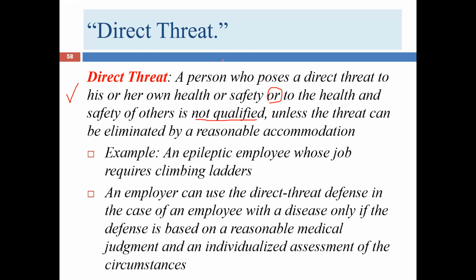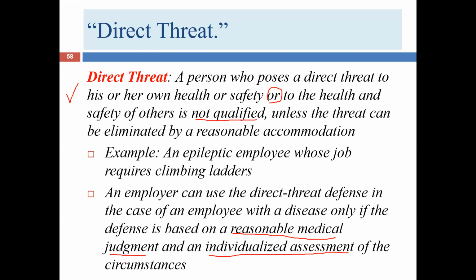The employer can't use direct threat as kind of a, well, maybe this might happen, we're just not sure and we just don't want to take any risks. It has to be a reasonable medical judgment based upon an individualized assessment. So let's imagine that this person with epilepsy hasn't had a seizure in 3 years because of the new medication he or she is on. That seems like probably there isn't much of a direct threat.